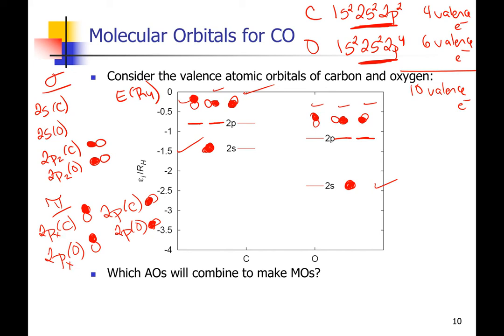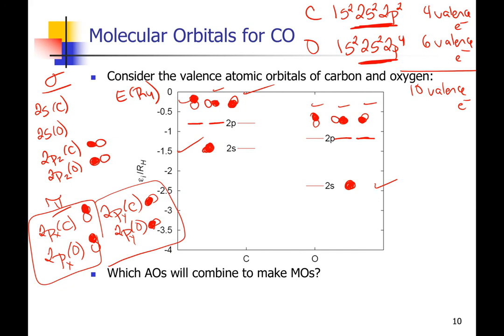It must be the same direction on both atoms. And the other gets assigned to be the 2py. Now 2px can't mix with 2py, they're pointing in different directions, so we'll subdivide our pi atomic orbitals right away into the ones pointing in one direction and the ones pointing in the other direction.